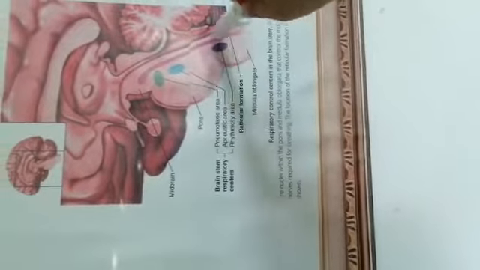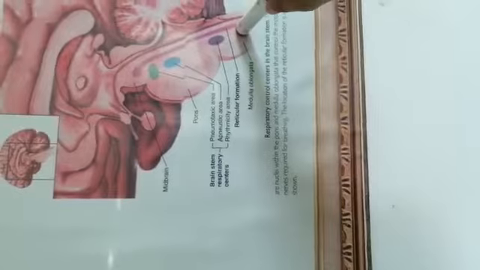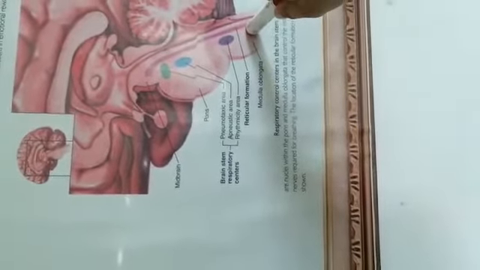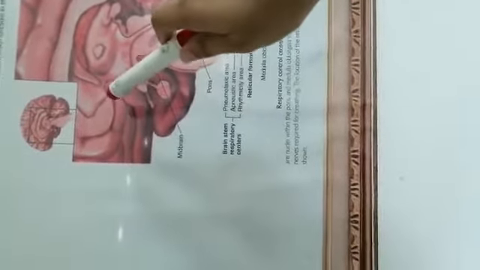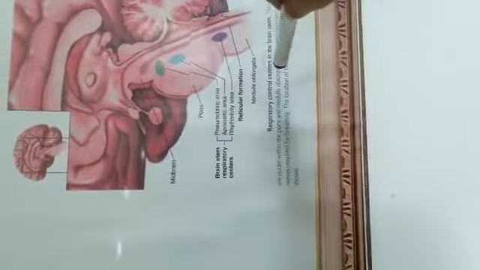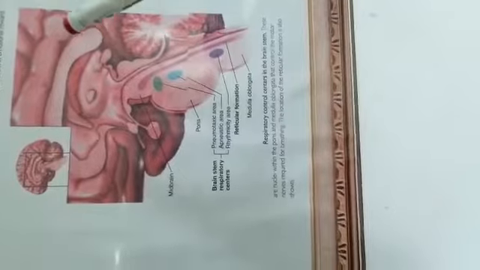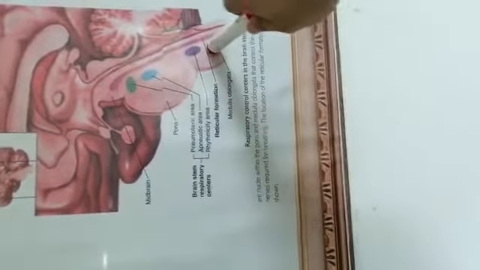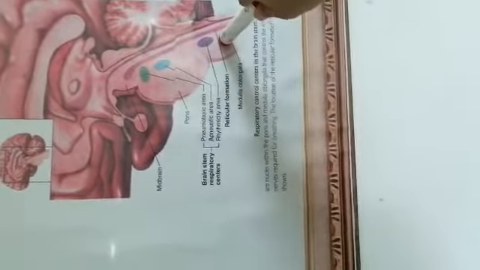This crossing over basically ensures that the right side of your body is controlled by the left side of the cerebral hemisphere, and the left side of your body is controlled by the right side of the cerebral hemisphere. There is also the decussation of the sensory tracts in the medulla oblongata.